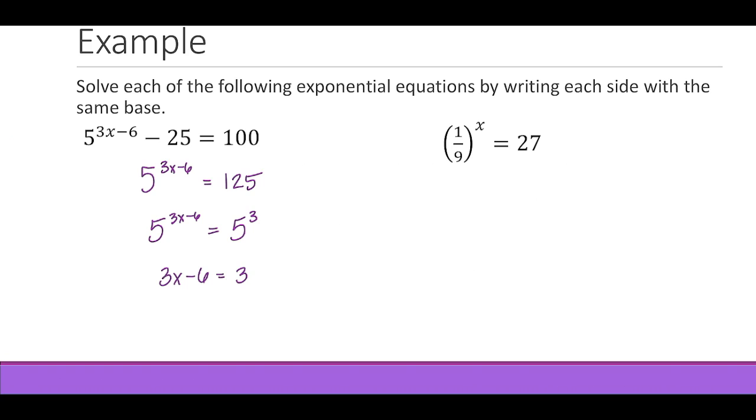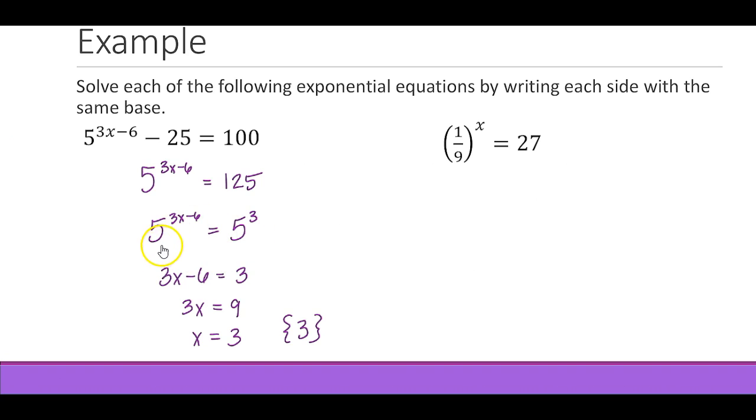So I can add the 6 to the other side, so 3x is equal to 9, and divide both sides by 3, and I get x equals 3 as my solution. Now we don't have to check domain issues, because for exponentials, the domain is all real numbers.